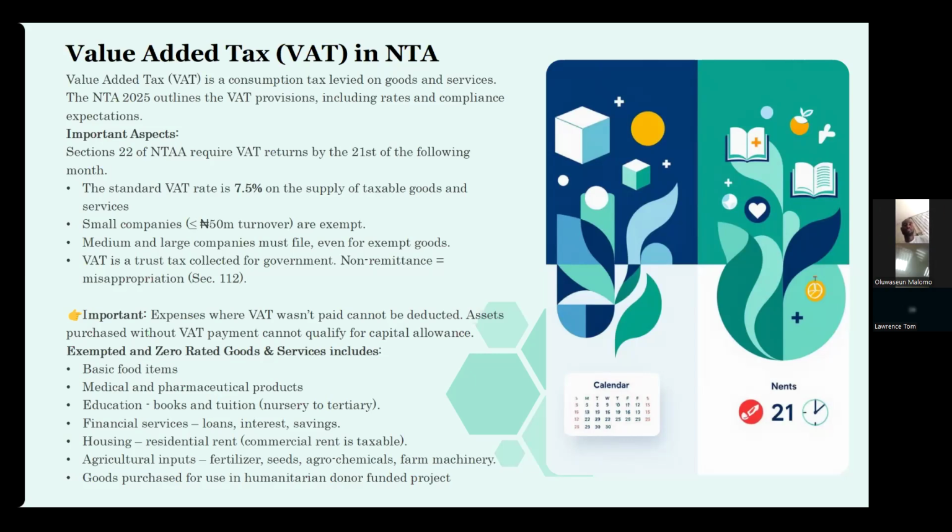This is how the VAT works. Say, for example, I'm a consultant providing accounting service to Mr. Victor, in which my service charge is 1 million. According to the law, I am supposed to charge VAT.